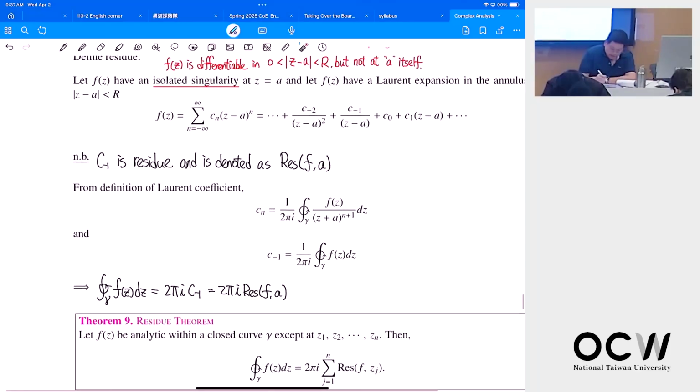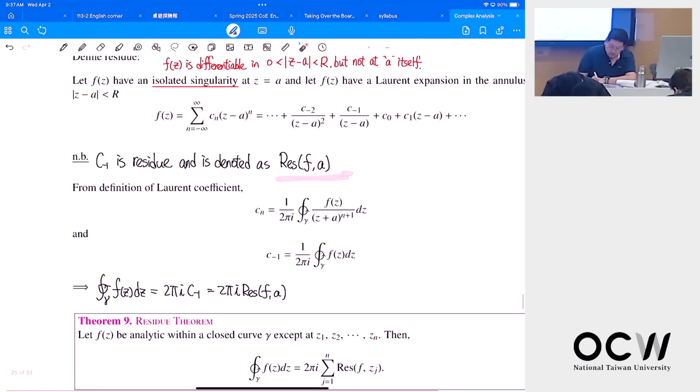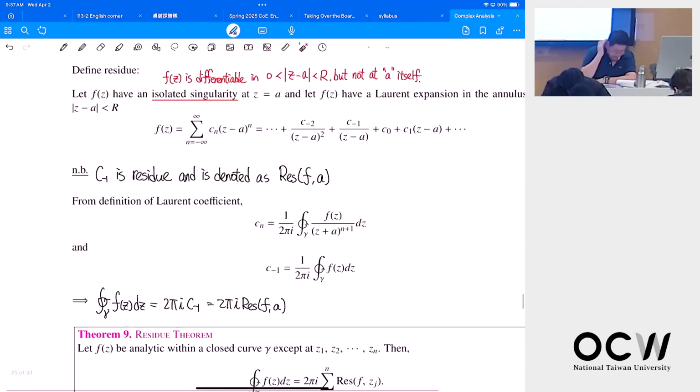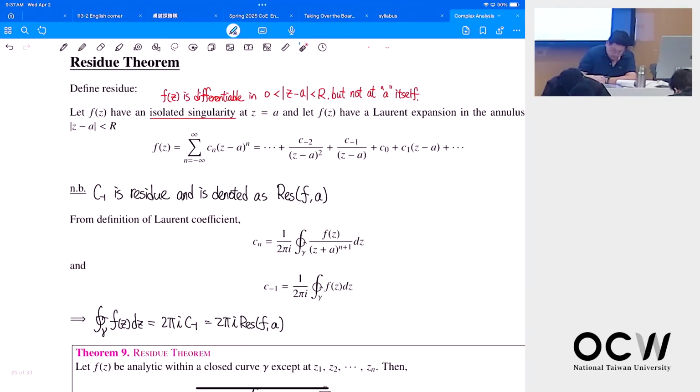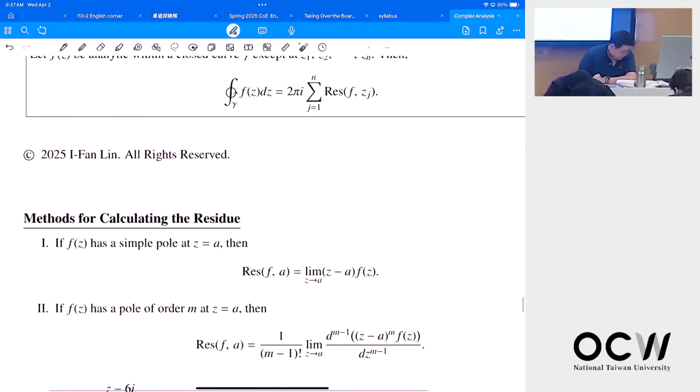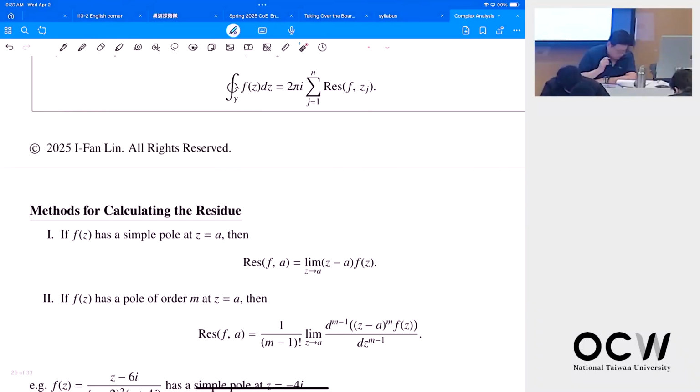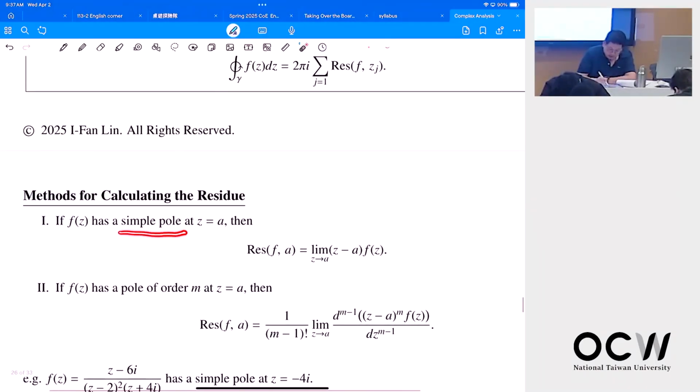how do I calculate the residue? Okay, so how do I calculate the residue? There are two ways. First, if I have a simple pole at z equals a, then my residue will be the limit of z minus a times your complex function, as z goes to a.